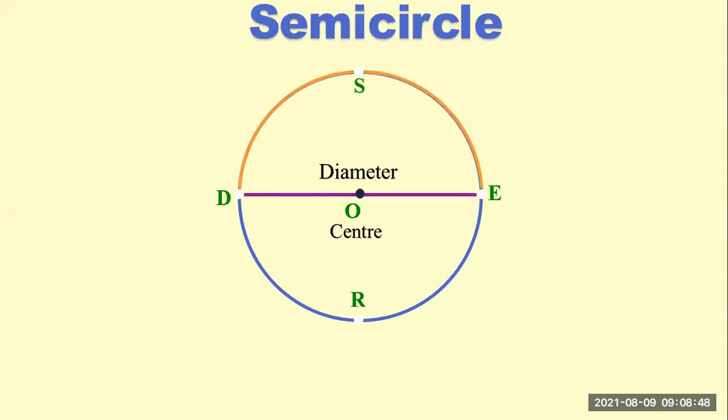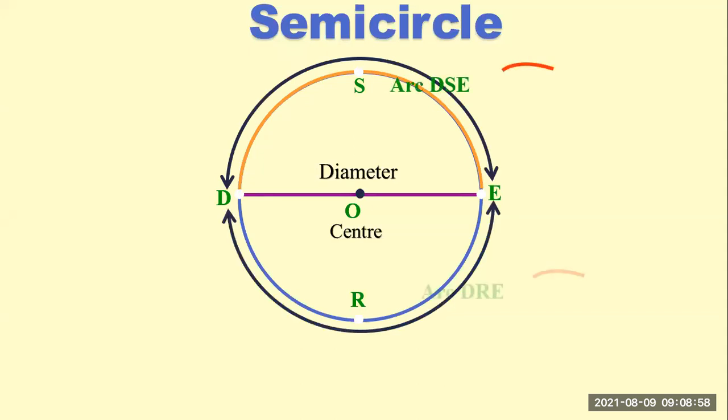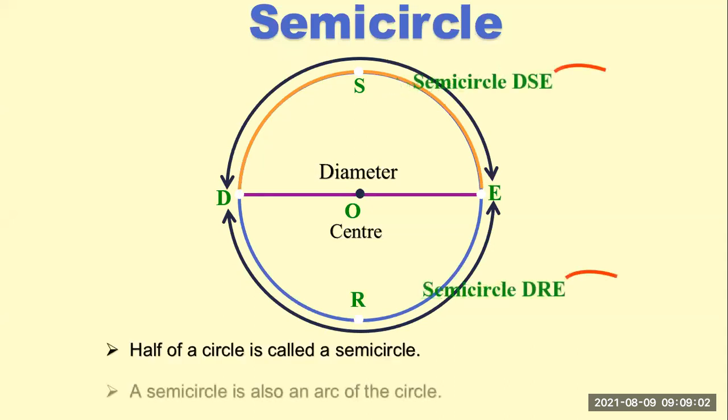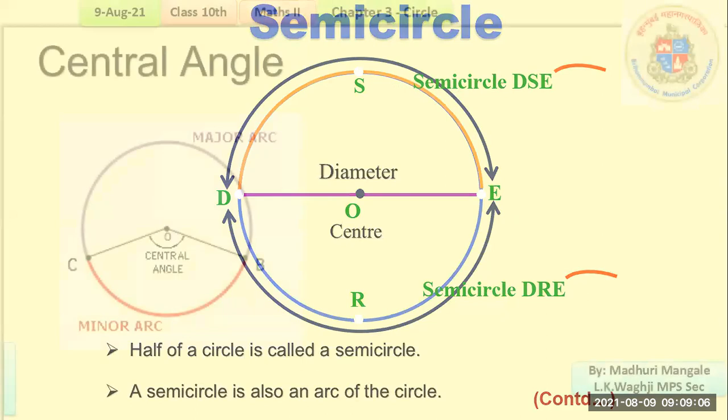So that is how we name it, again using three letters. Arc DSE, that is a semicircle. Likewise, arc DRE, half of a circle. It is a semicircle, right? And it is half of the arc.